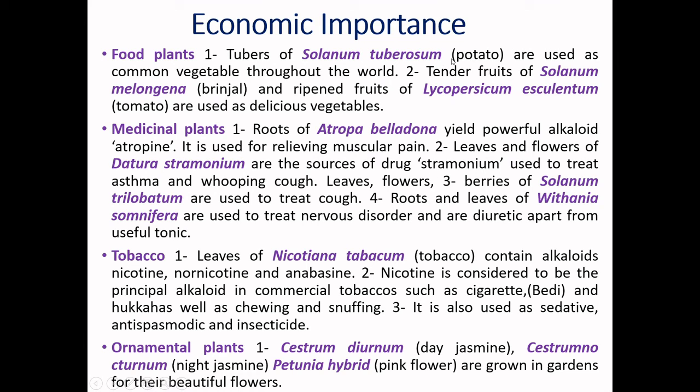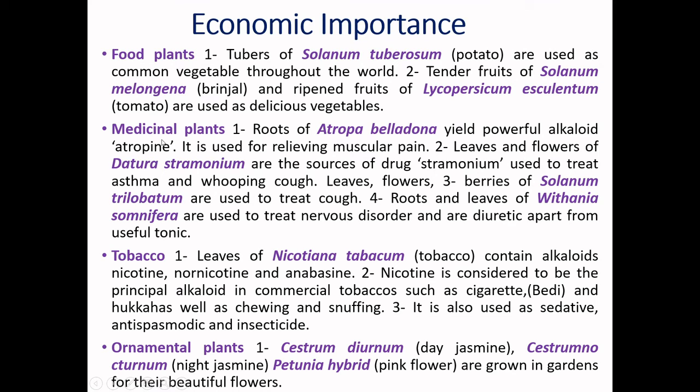Then tender fruits of Solanum melongena, brinjal, and ripened fruits of Lycopersicon esculentum, the tomato, are used as delicious vegetables. Solanum tuberosum, Solanum melongena, and Lycopersicon esculentum are used as food plants.